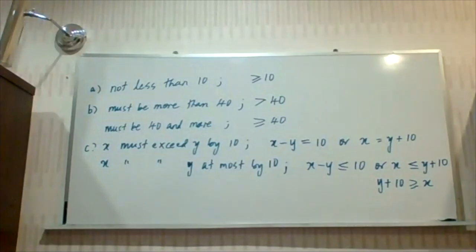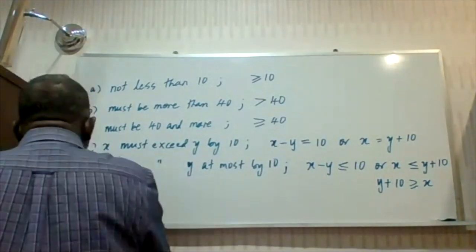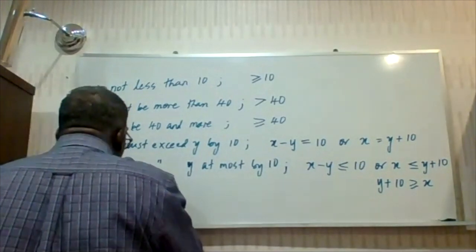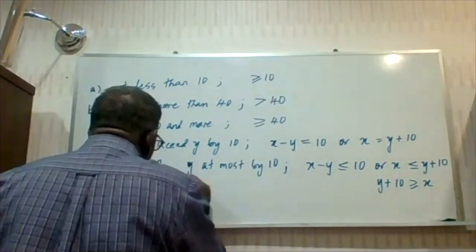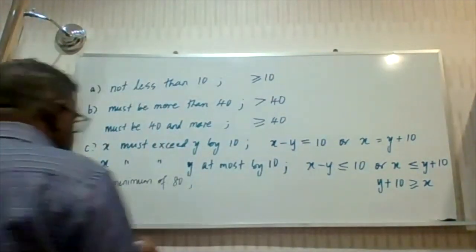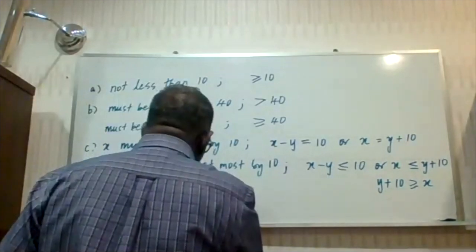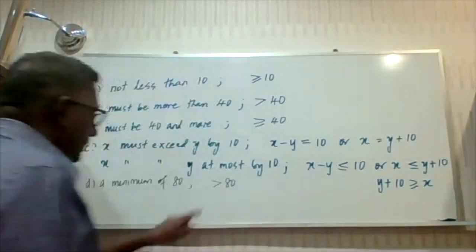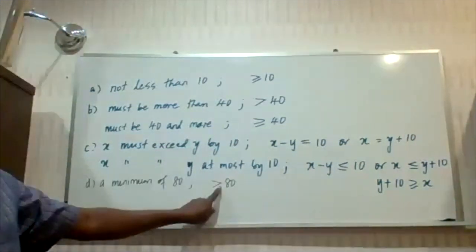Next will be a minimum of 80. They give you a minimum of 80. This will be quite easy. A minimum of 80 means the smallest value is 80. Is 80 included?